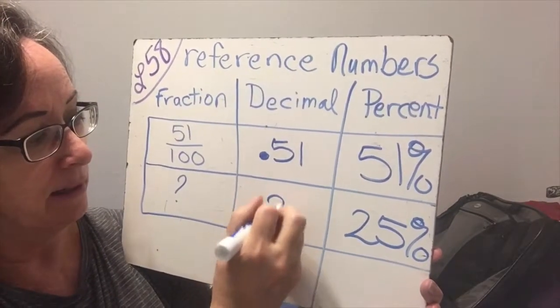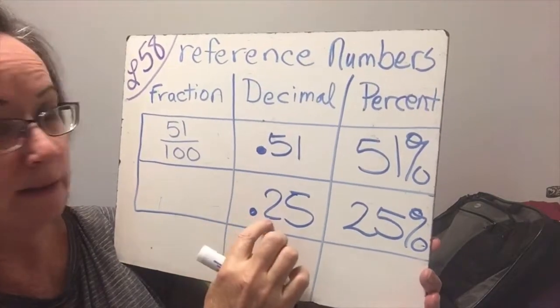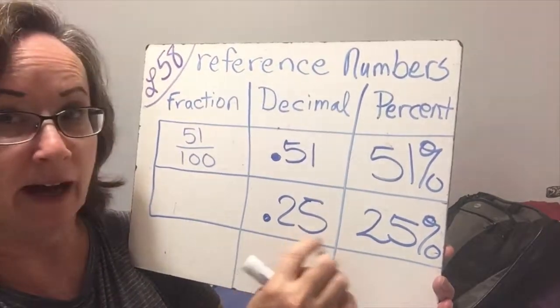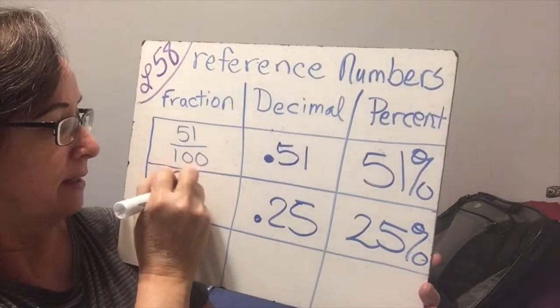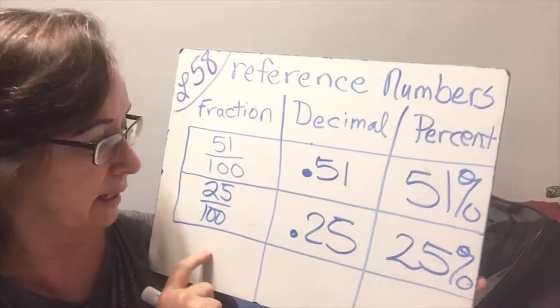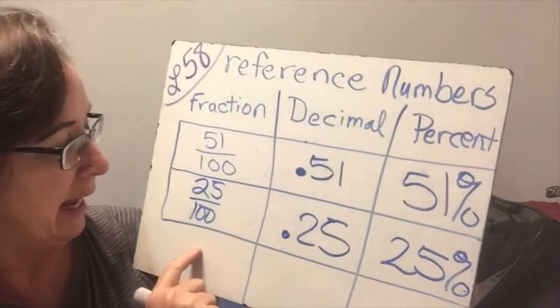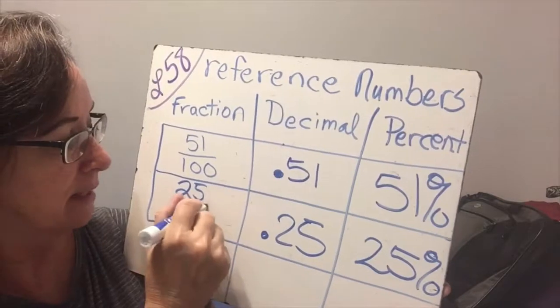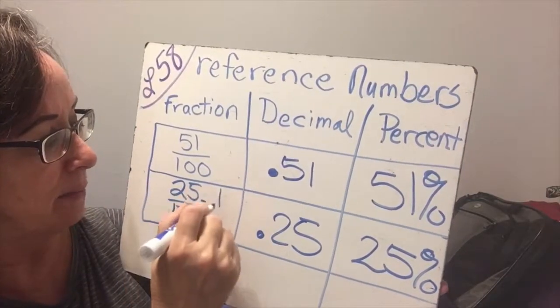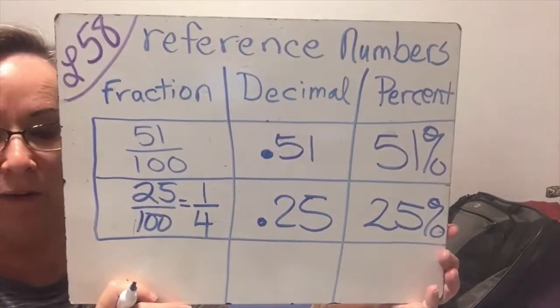So 0.25, and then 0.25 is 25 hundredths. So we're going to put 25 over 100. The thing we have to remember here is that fractions should be simplified when they can be, and for 25 over 100, if I divide the numerator and the denominator by 25, I will get 1/4.